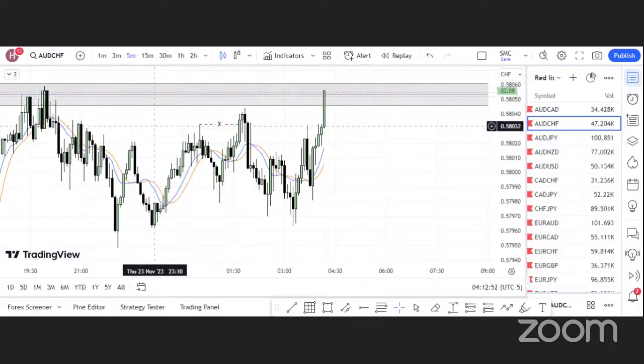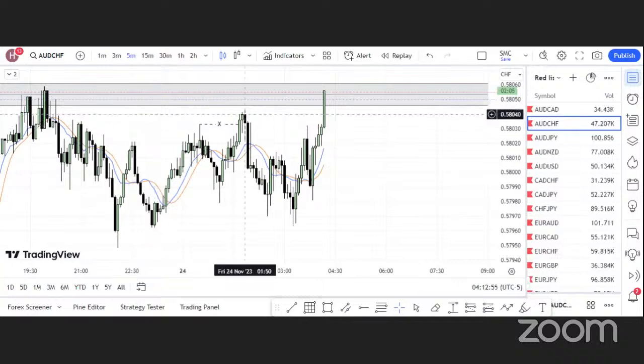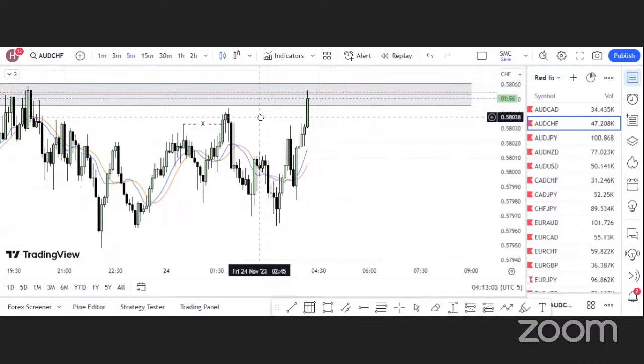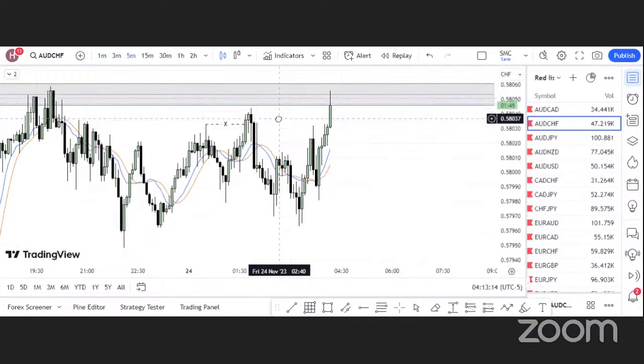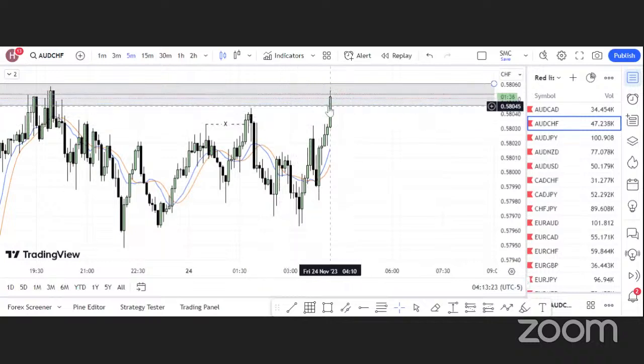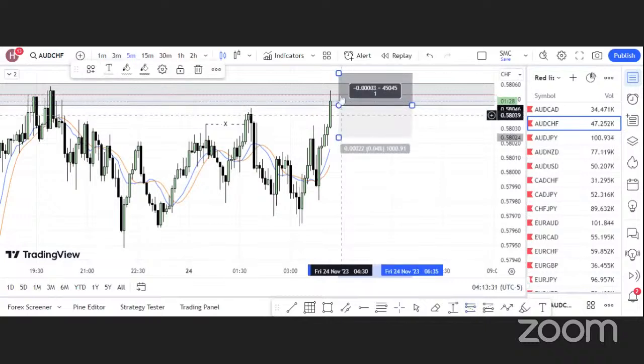If this closes below this area, then we are going to take our sell, because I believe this is how this is going to play out.